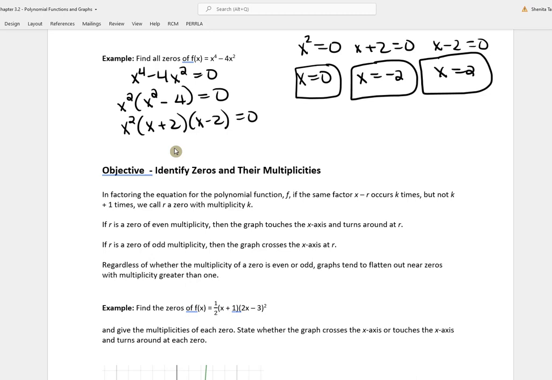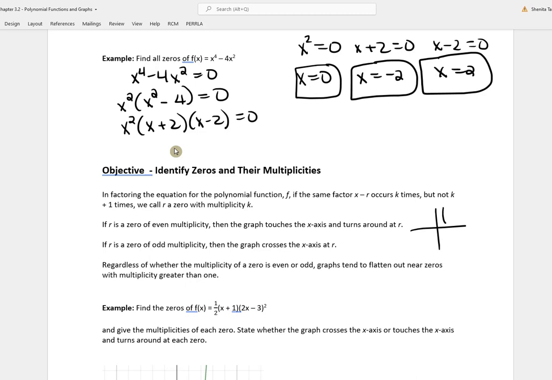If r is a zero of even multiplicity, then the graph touches the x-axis and turns around. If r is a zero with odd multiplicity, the graph crosses the x-axis at r. So it's two different kinds. When I say touch the x-axis, that means something like this.